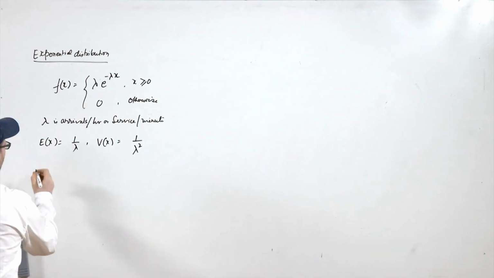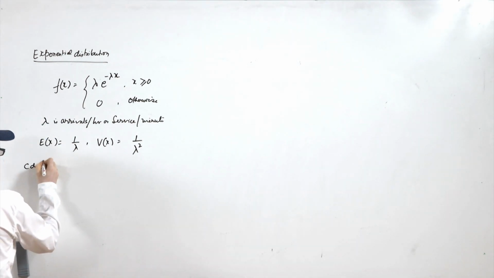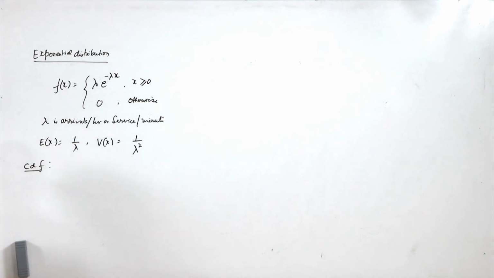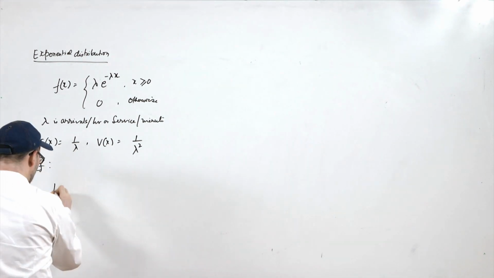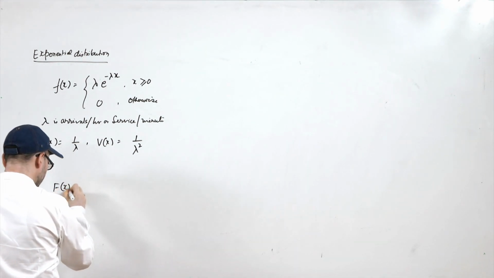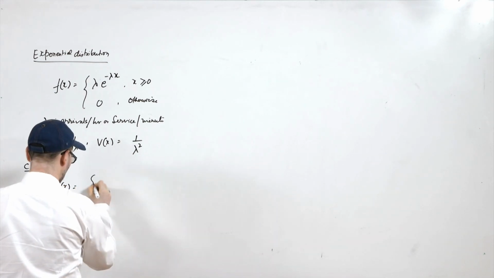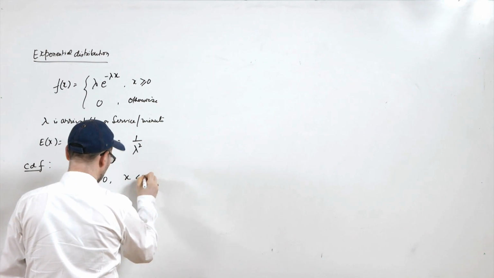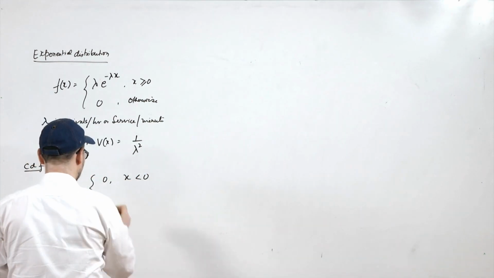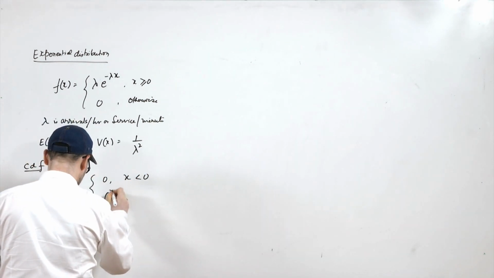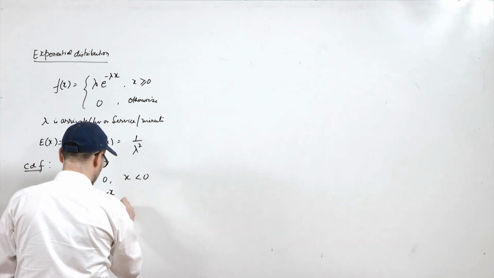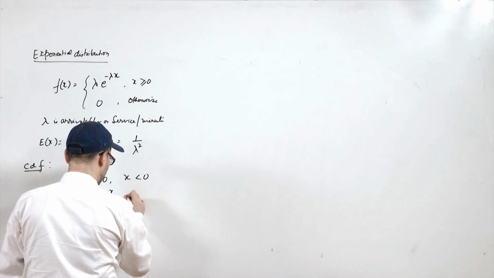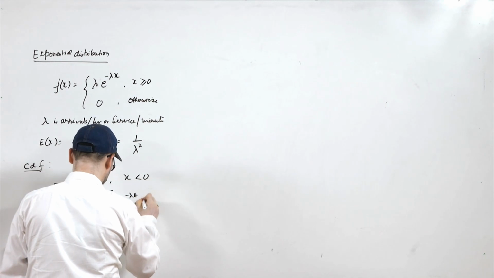The cumulative distribution function for such a distribution is 0 for x less than 0, and it will be the integral from 0 to x of lambda e to the power minus lambda t dt.